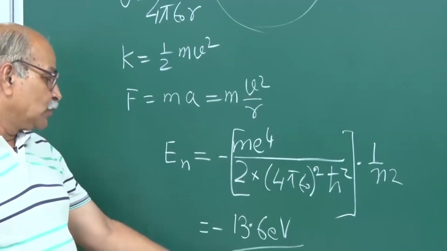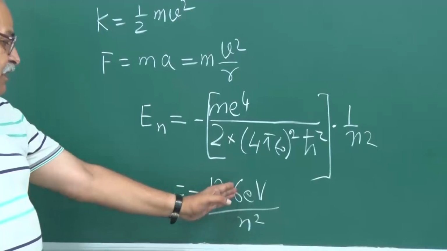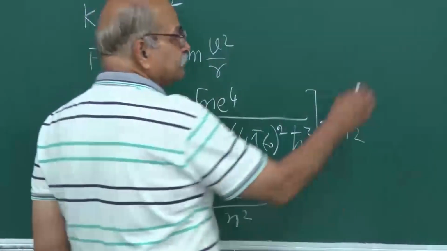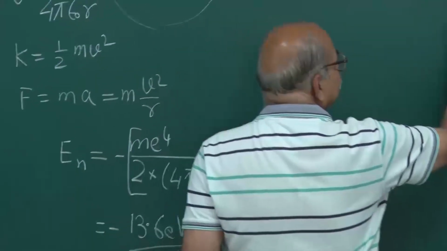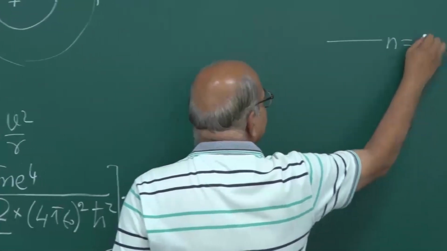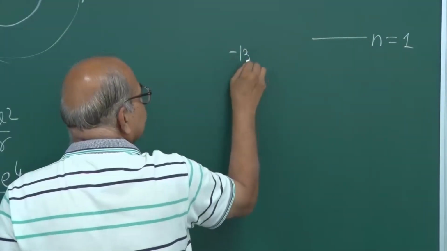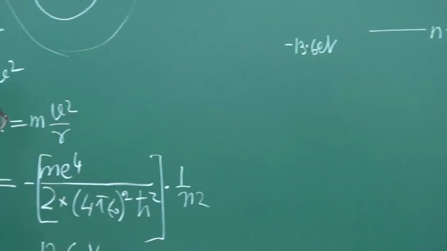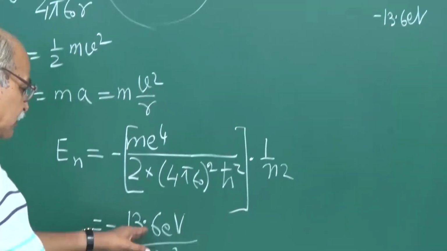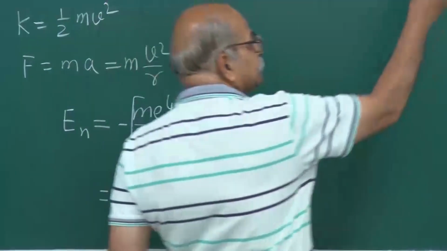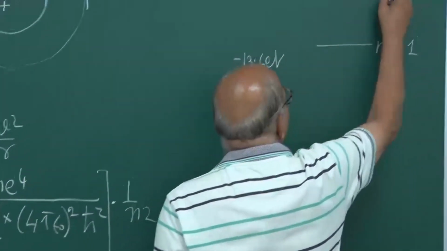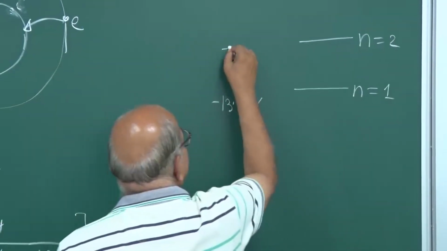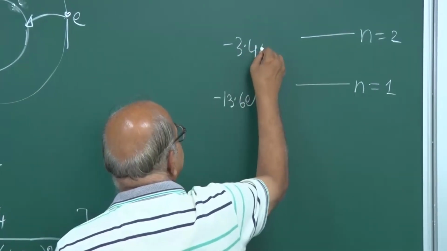So for n equal to 1, you have energy minus 13.6 eV. For n equal to 2, it will be divided by 4, so n equal to 2 is minus 3.4 eV.